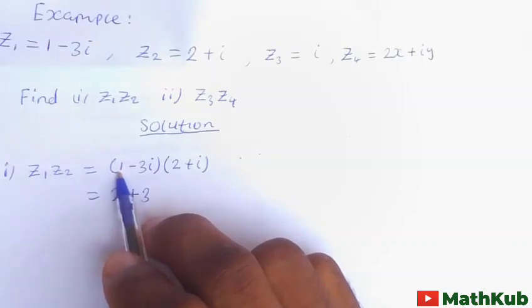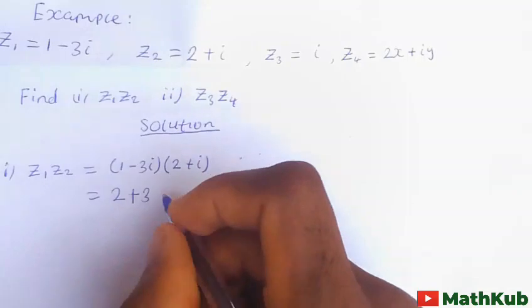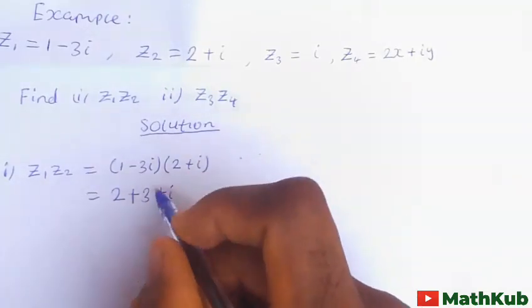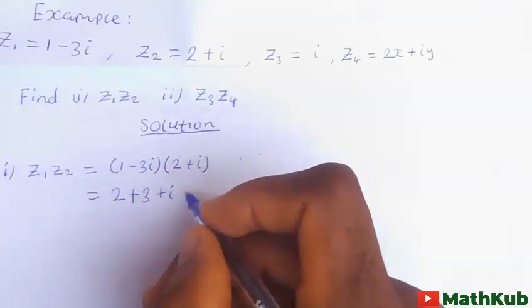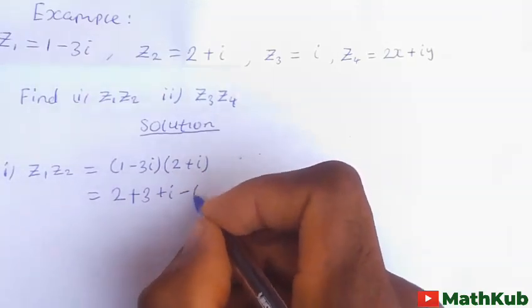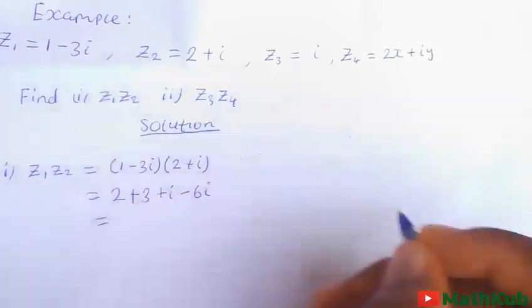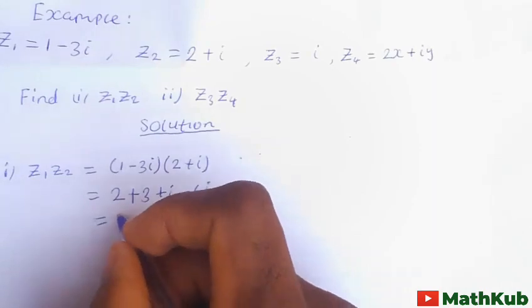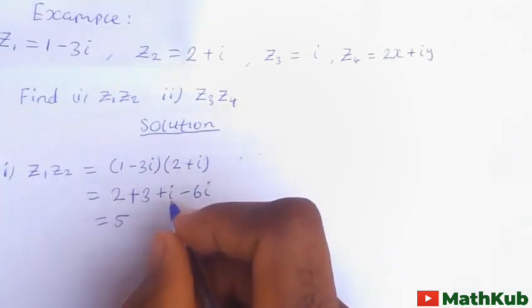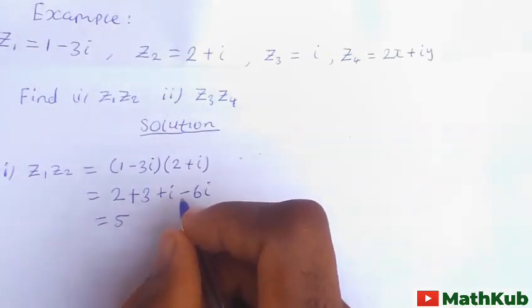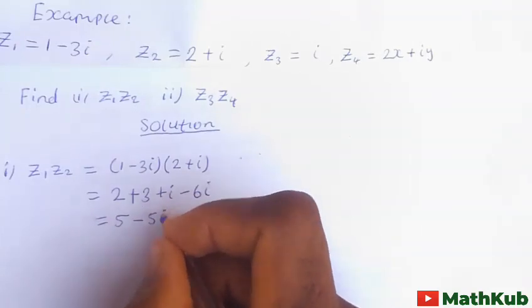We multiply 1 by i, we have plus i. Then minus 3i times 2 is minus 6i, which is equal to 2 plus 3 is 5, minus i minus 6i is minus 5i.